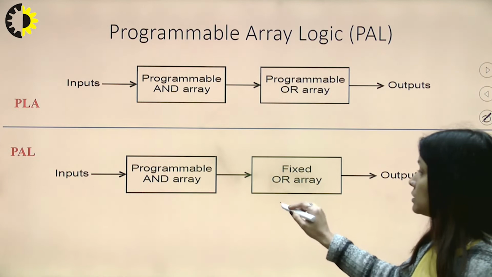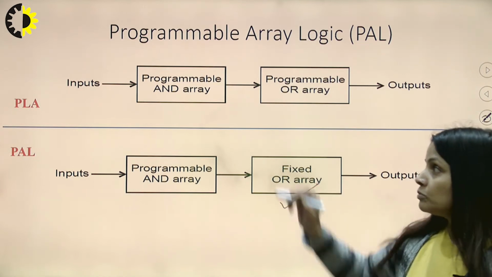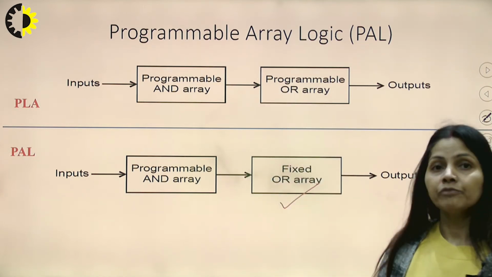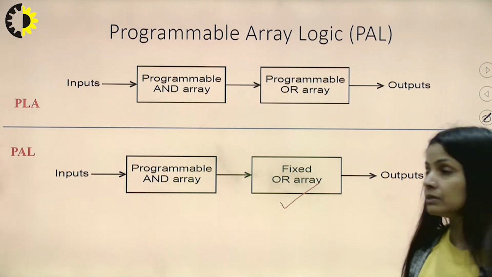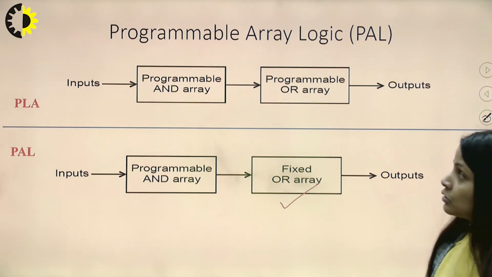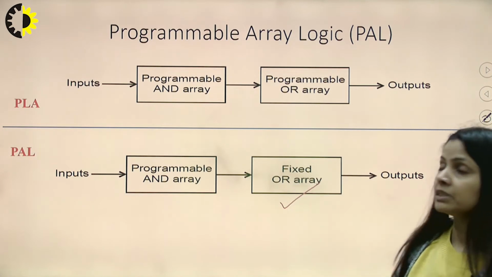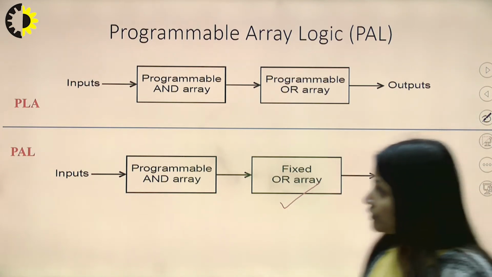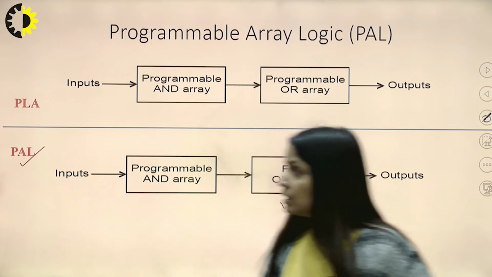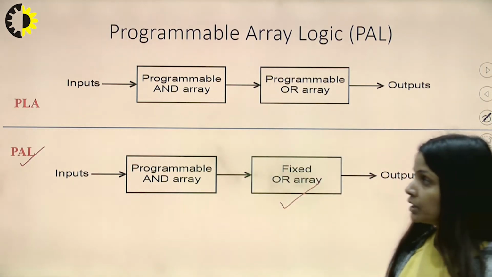The difference between the two is very visible in the slide. Here the OR gate is programmable in PLA and the OR gate is fixed in the case of PAL. So here we are going to discuss this PAL arrangement, how to make it.